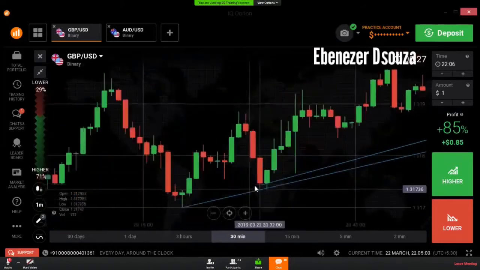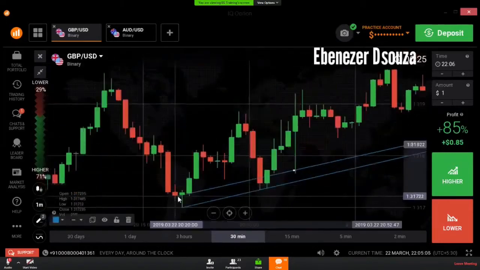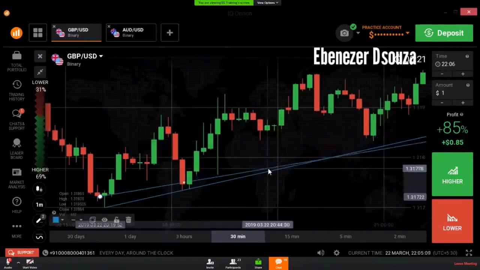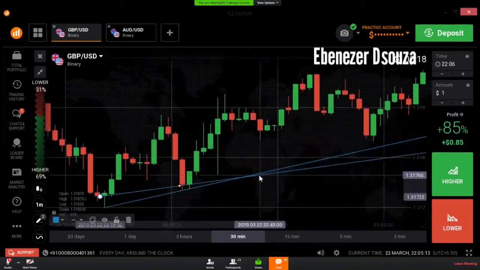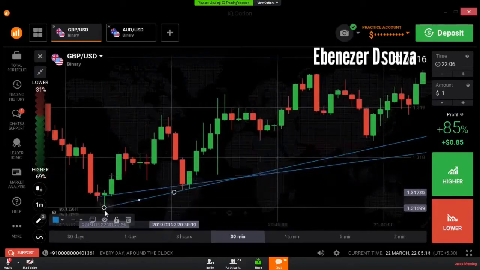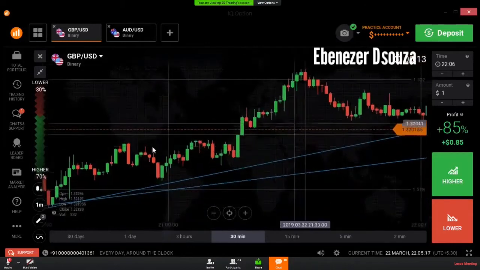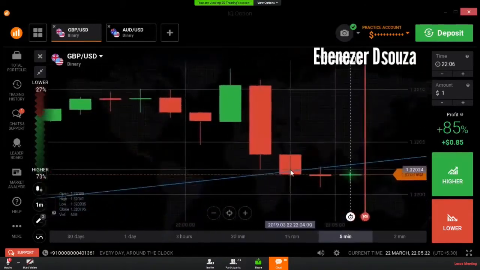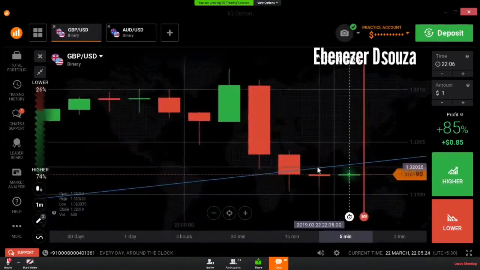Here also I will draw a line here. Okay, the closing point to closing point and the low point to low point. If you draw these two lines, if the candle closes above the level, we can place our trade on the next candle.